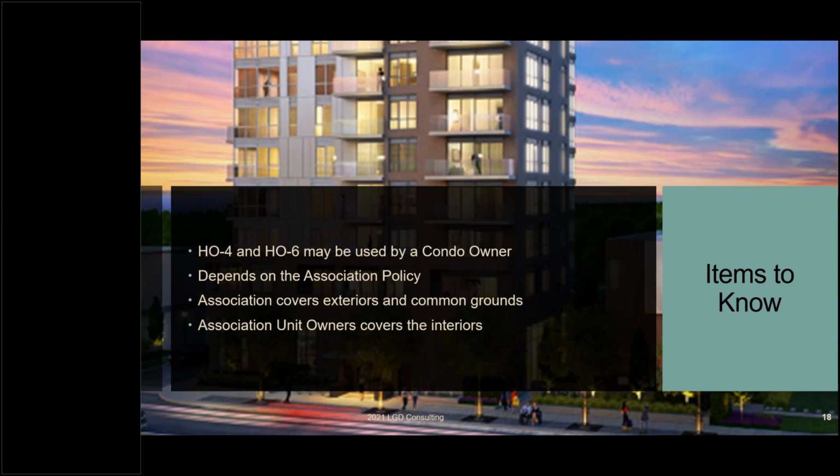One, the association covers the common grounds, the exteriors, the stairways, the hallways where multiple people interact, and then the unit owner's coverage covers the interiors. So if your association policy covers exteriors and interiors, all you would need is an HO4. But most association policies drop the interior unit owner's coverage to keep people's dues down. And so therefore you'd want to roll up to an HO6, because now you're responsible for the interior unit.